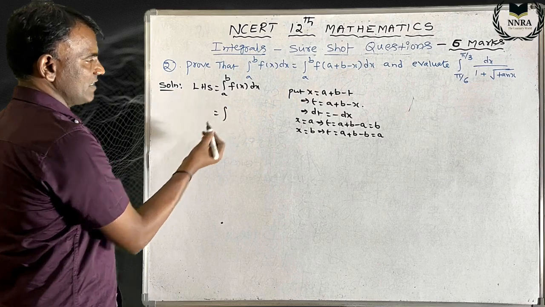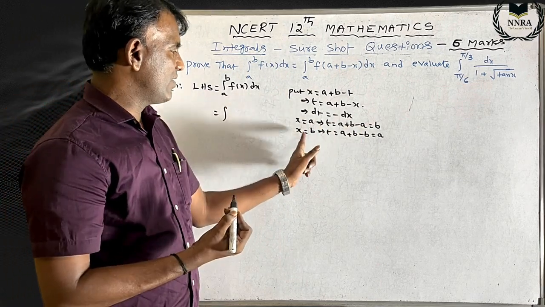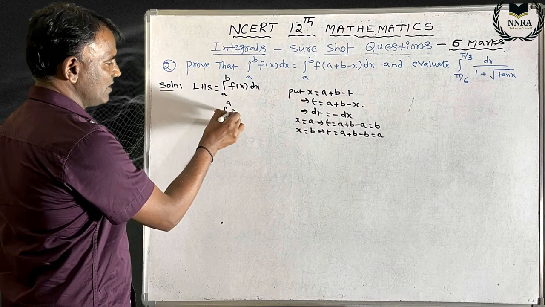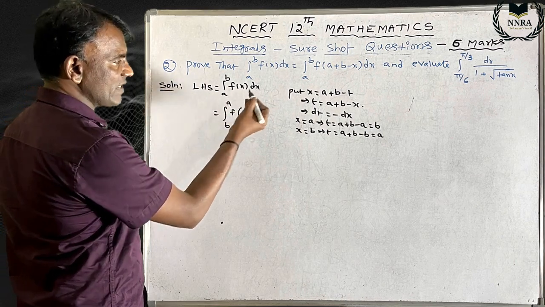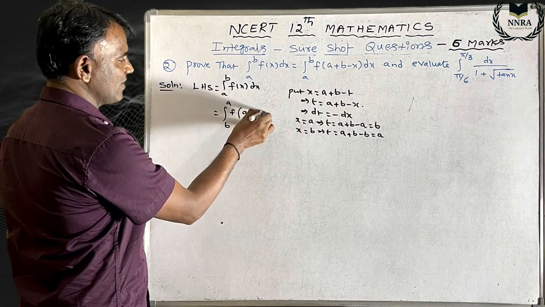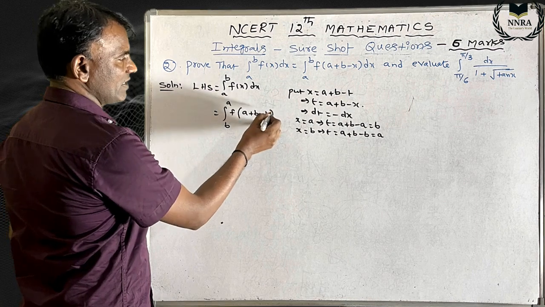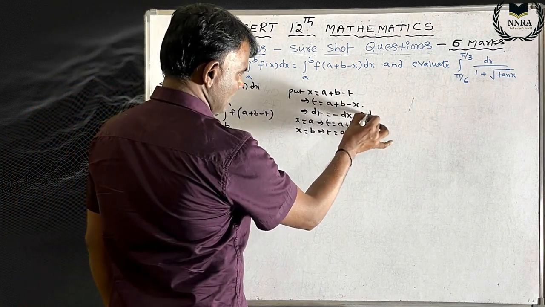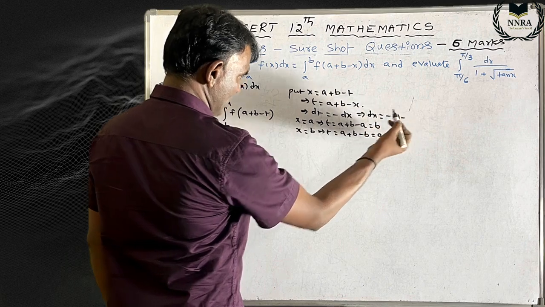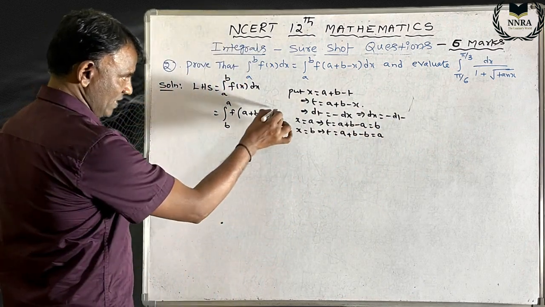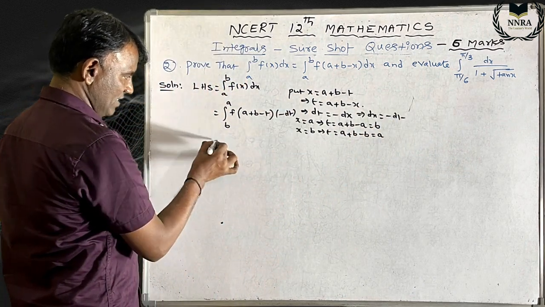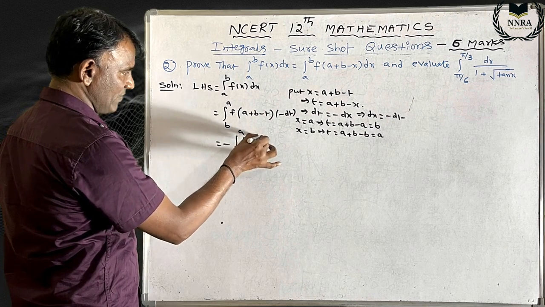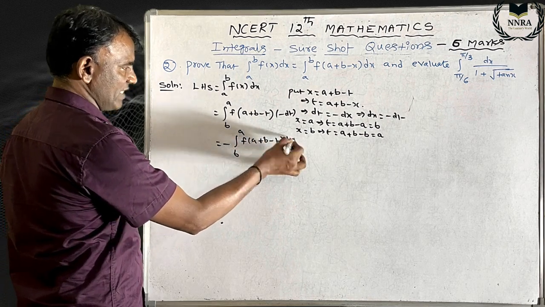So the lower limit a becomes b, and the upper limit b becomes a. So right here, b to a, f of x means a plus b minus t. What is the value of dx here? dx can be written as minus dt. So here, into minus dt, that is minus integral b to a f of a plus b minus t dt.